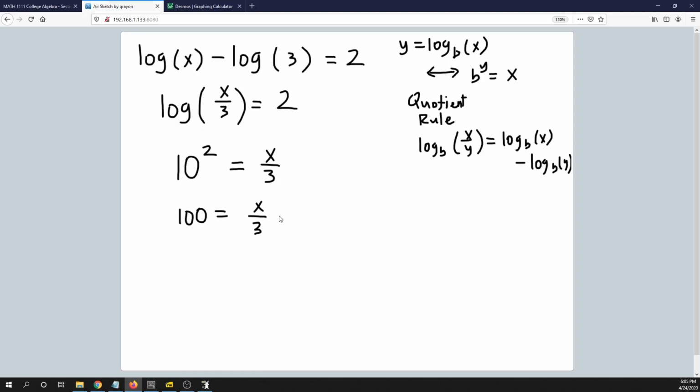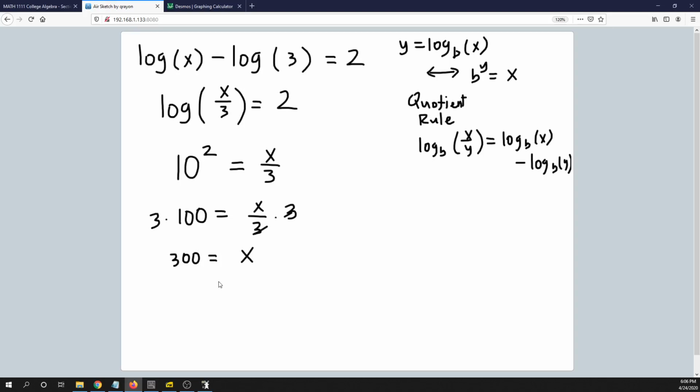And I don't need to do that, it's already done. And so then all I would need to do to get x by itself is to get rid of this 3 that x is being divided by. The easiest way to do that is just to multiply both sides by 3. So over on the left side I get 300. On the right side I get x. And so x equals 300.